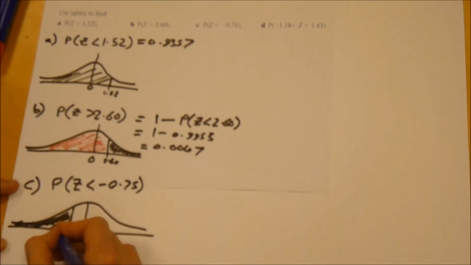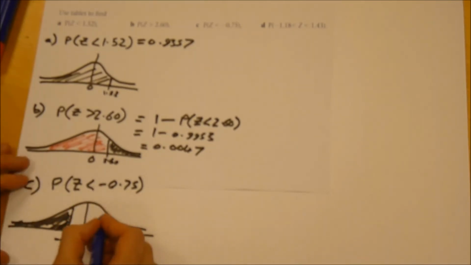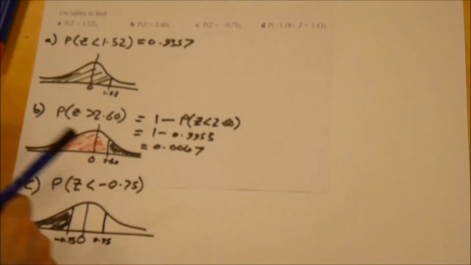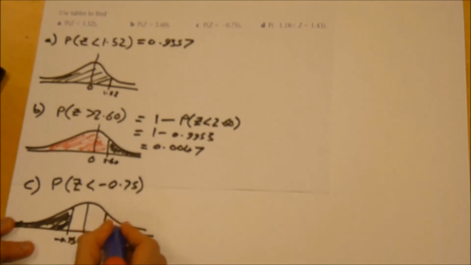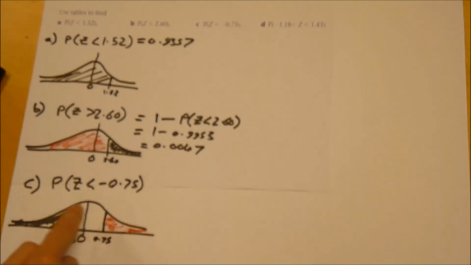So this area here. Alright, now the way I work this out with negative values is to use the fact that the normal distribution is symmetrical, and it's symmetrical about 0. So that area there, which represents the probability, is identical to this area here. I've just reflected it about the mean. So that area is identical to that area, and I can look that up in my tables.